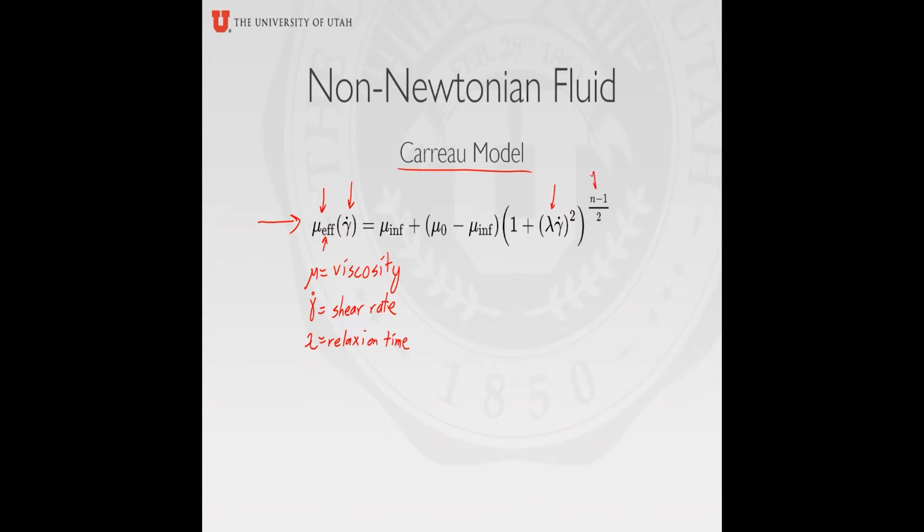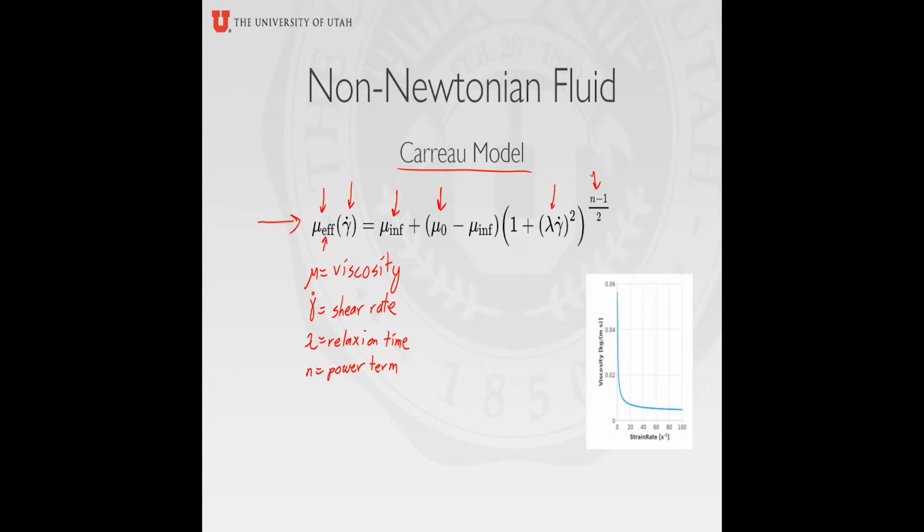And then we also have a power term that comes out, this N, that allows us to create the function itself. So if we break this down, we would measure our viscosity at an infinite shear rate, and we also measure the viscosity at a 0 shear rate to then determine what our effective viscosity is at whatever current shear rate that we're looking at right now.